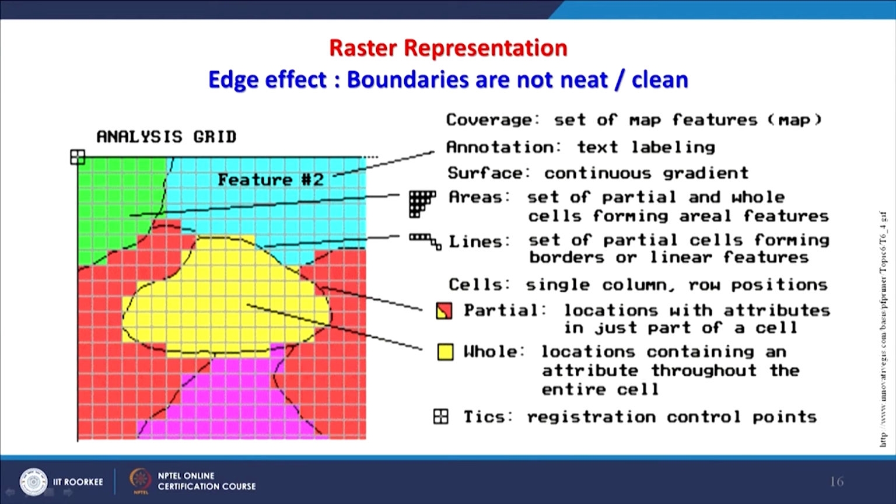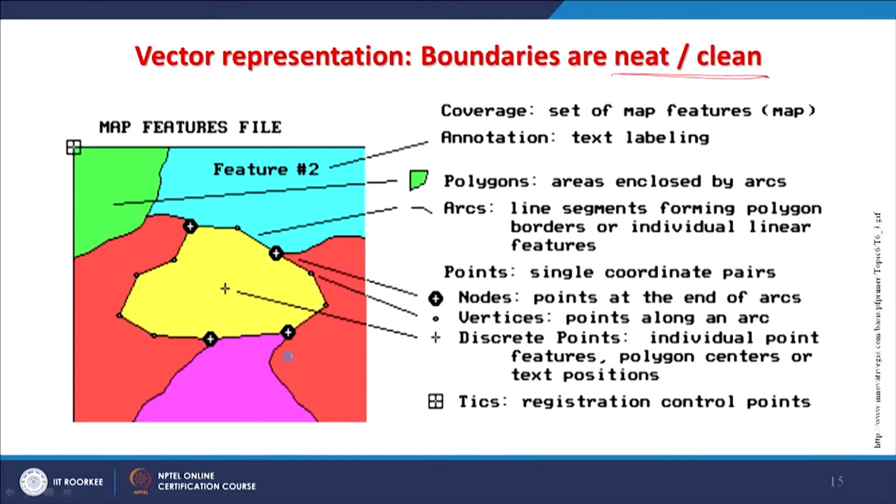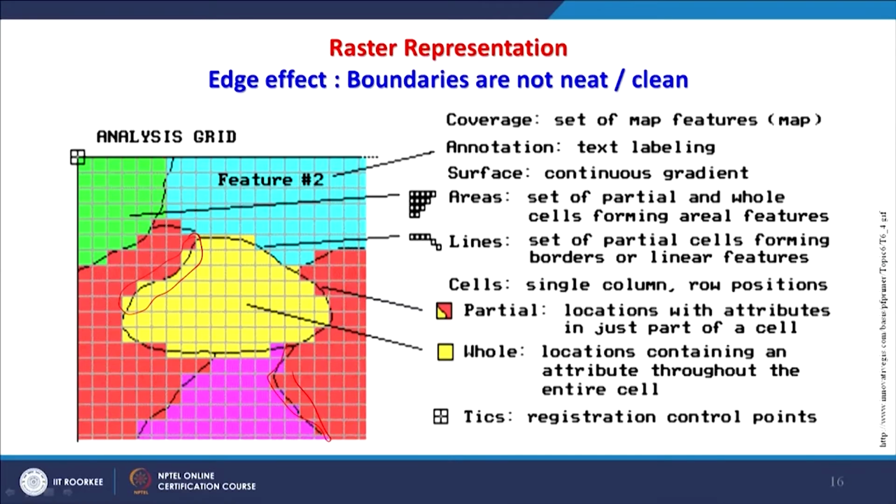The major problem you would notice is all along your boundary line. Your boundaries are not as smooth or clean as in your vector data, because vector is capable of representing boundaries very accurately, whereas raster will have jagged issues here. The boundaries are stair-stepped or jagged, not smooth.